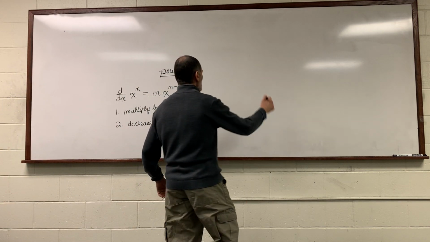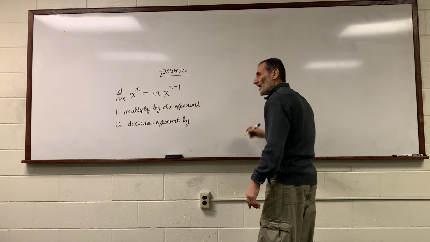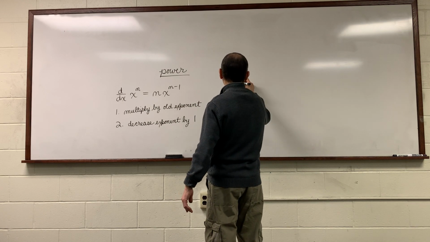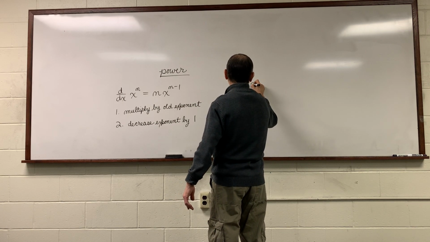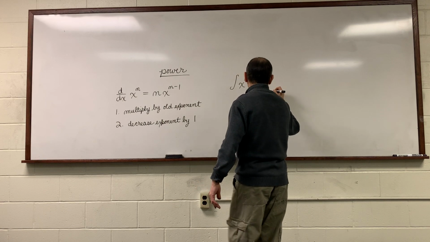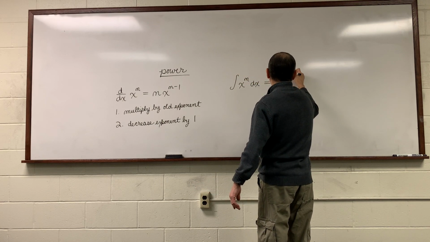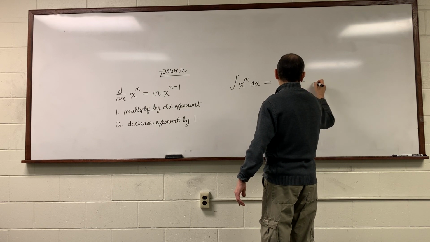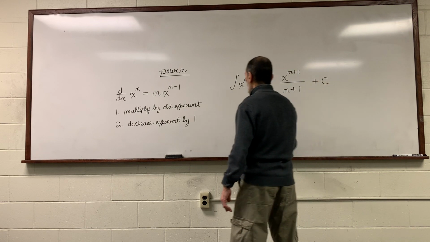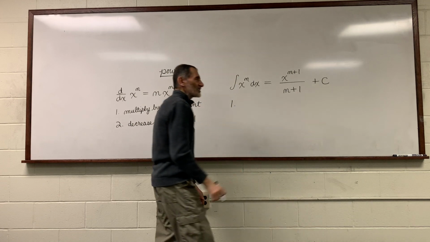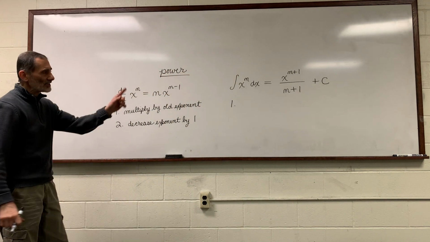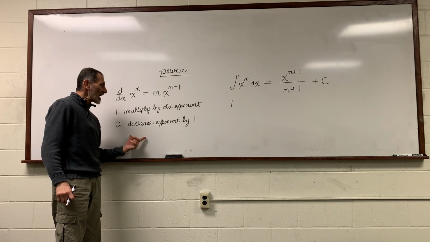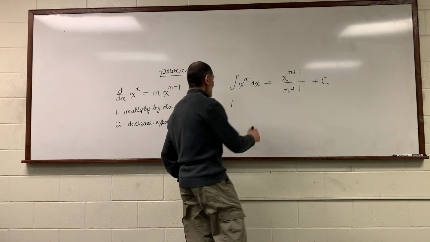Well, as you might imagine, the power rule for anti-differentiation turns that on its head, right? The antiderivative of x to the n with respect to x equals... You will note here that the first step in anti-differentiation for a power function is the exact opposite of the second step for differentiation.